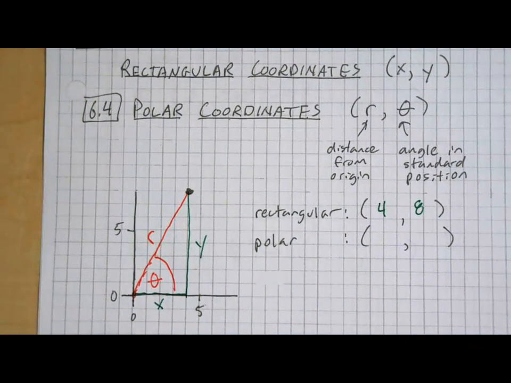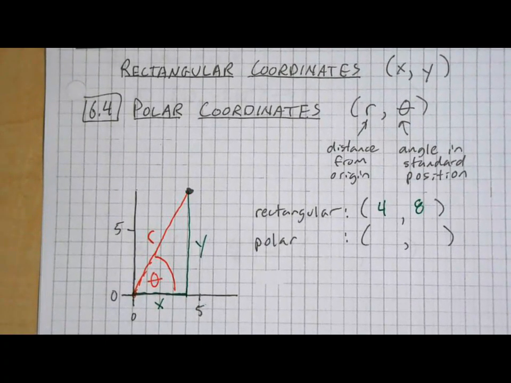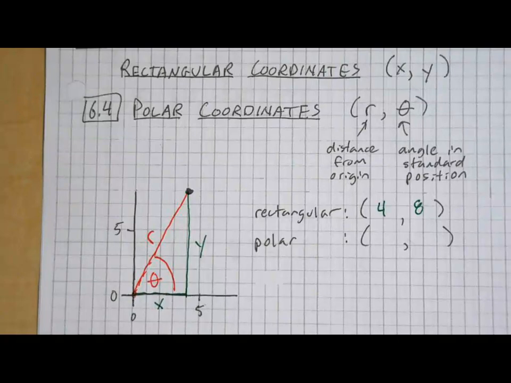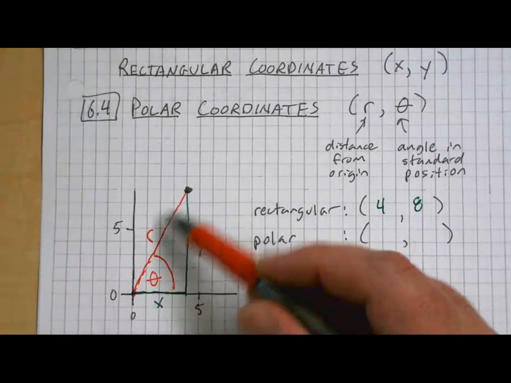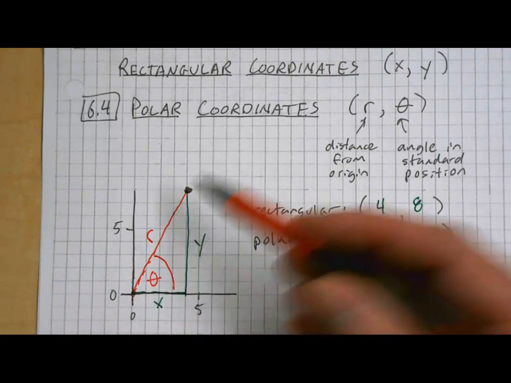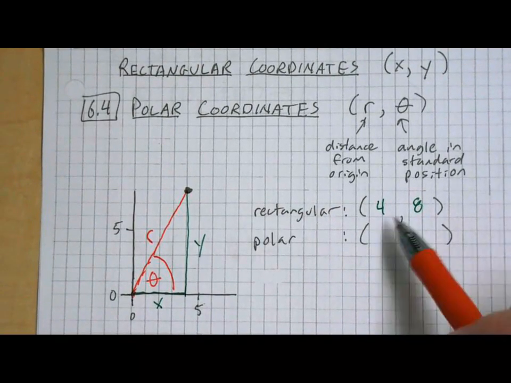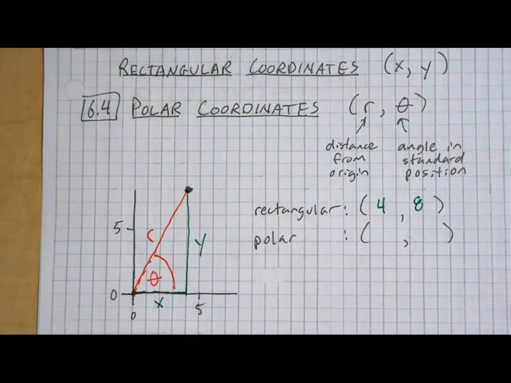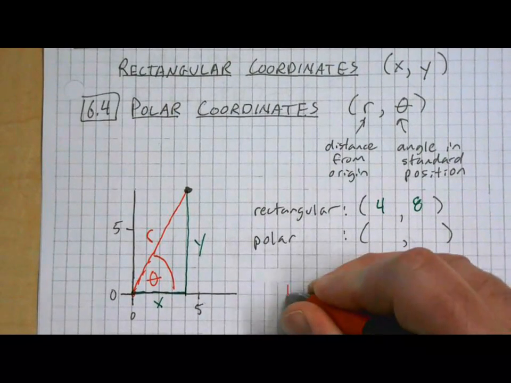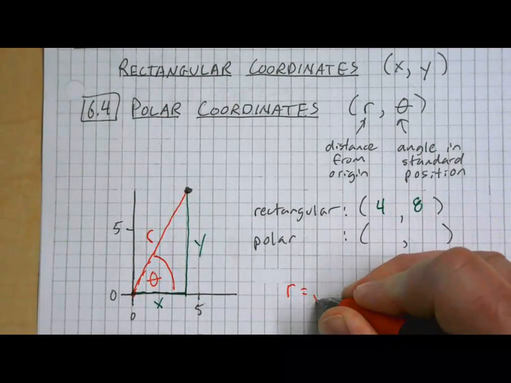Let's go ahead and find the polar coordinates for this thing. I'm going to show you the formulas in a minute, but I bet you guys are going to be able to find it without. R is going to be the length of this side right here. That would be the same as the magnitude of the vector 4, 8. Do you guys feel comfortable finding that? Go ahead and do it. I'll give you a hint if you're not sure.